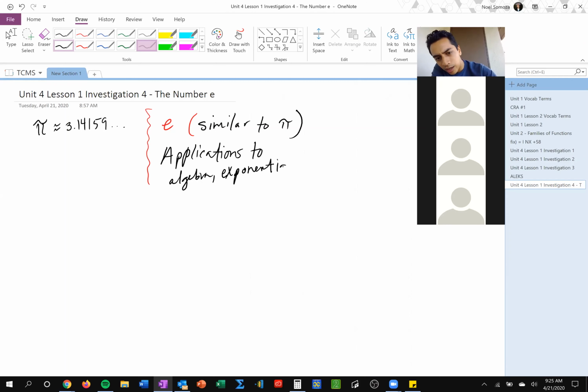And that's essentially what compound interest is. It's an exponential function, okay? All right, so that's just a quick overview.